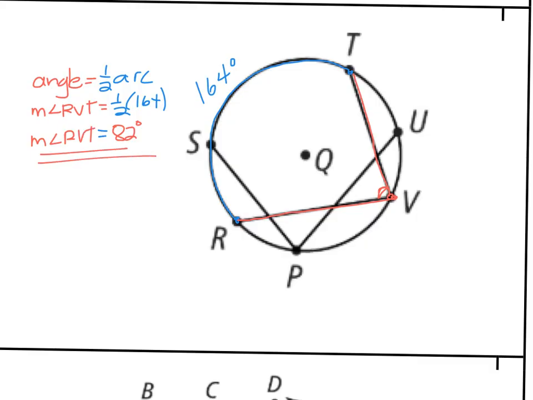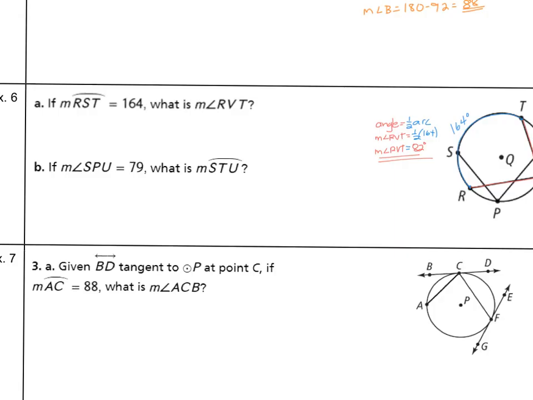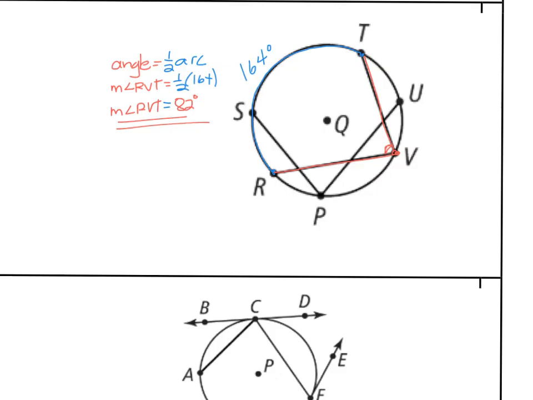Now, the next one's written in reverse order, so let's see what we're going to do with that information. In part B, it says, if the measure of angle SPU is 79, what's the measure of arc STU? Oh boy. So this one's going backwards from what we've been doing so far up to this point to find angles. Let's see if we can recall what to do. Go back to the picture. It said if the measure of angle SPU, so angles go inside.